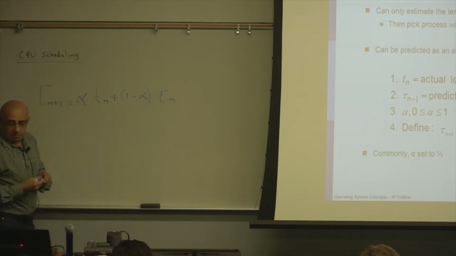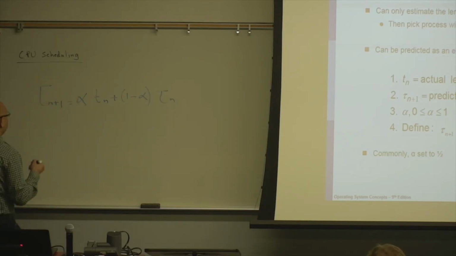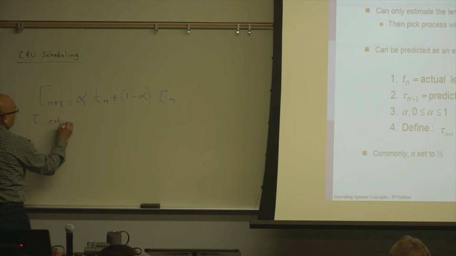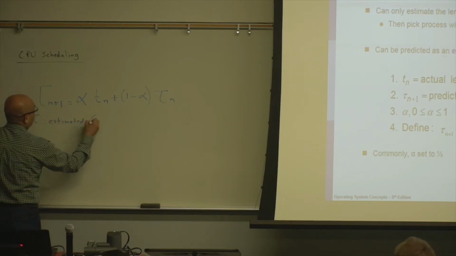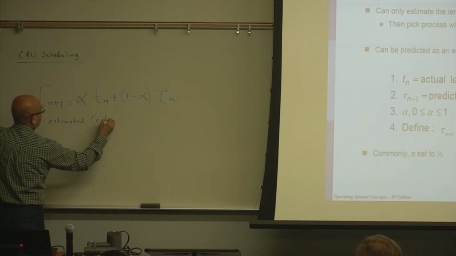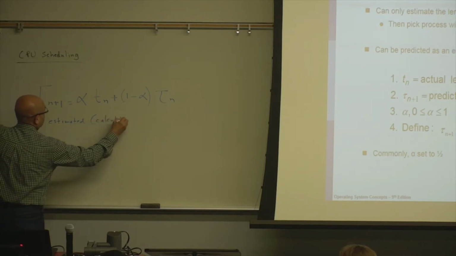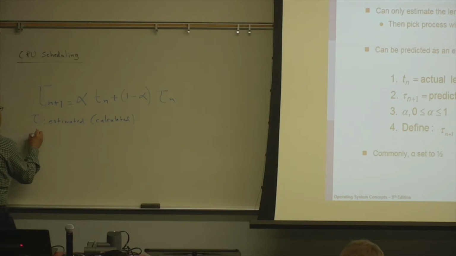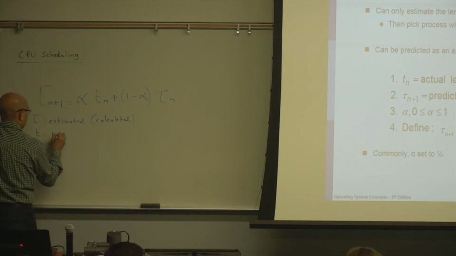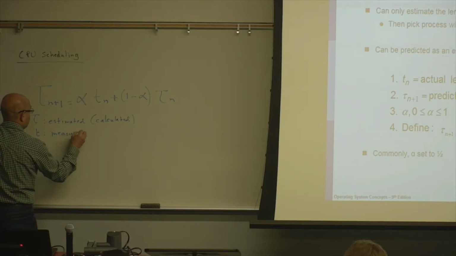Now, what are the meanings of tau and t? Tau is an estimated or calculated value, while t is real time, measured or actual.